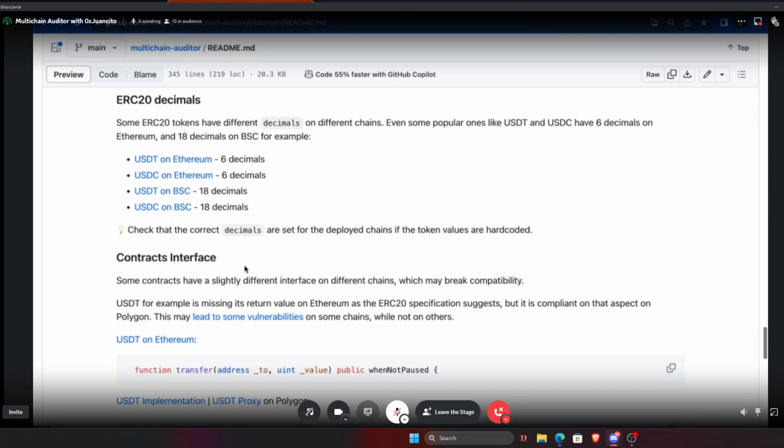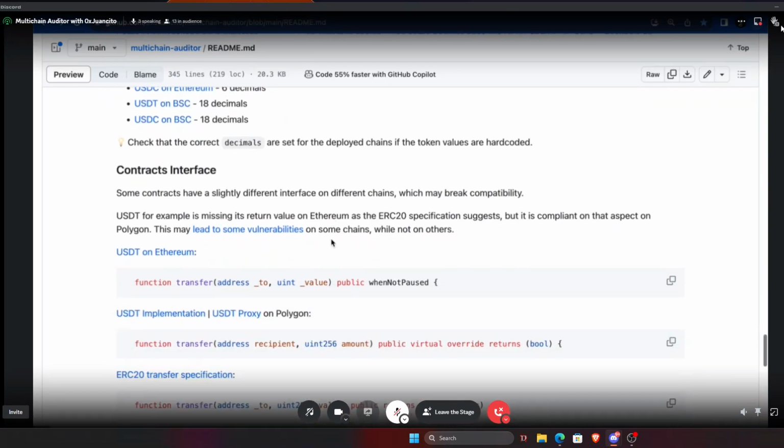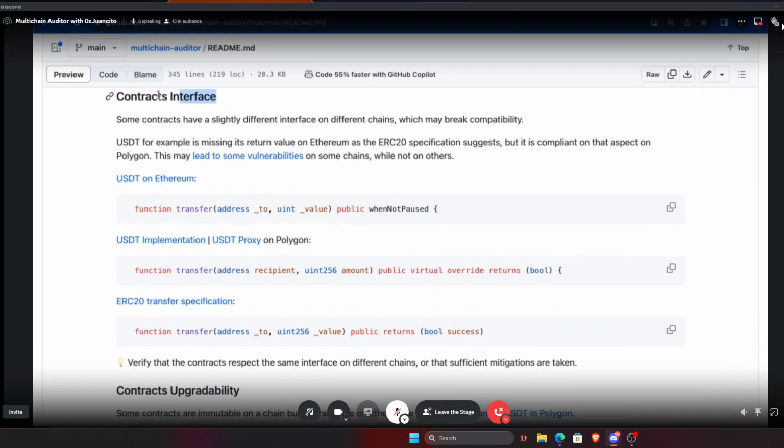Also, talking about funny tokens, you might find that the contract interfaces for the same tokens, or the same kind of contracts, might behave differently. Another example is USDT. If you check the USDT contract on every chain, you might find all of the things we've been talking about over and over again.